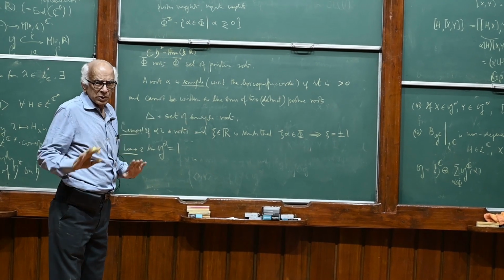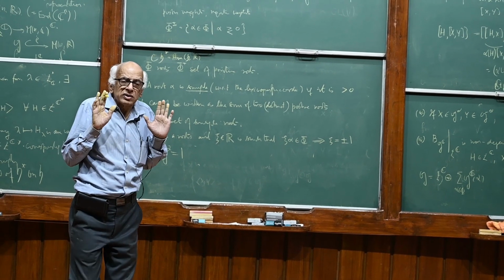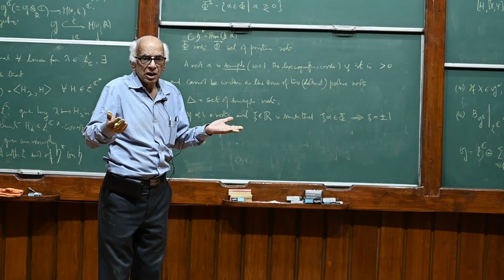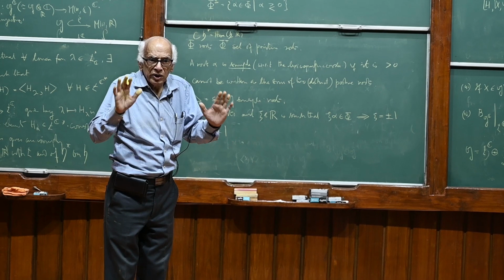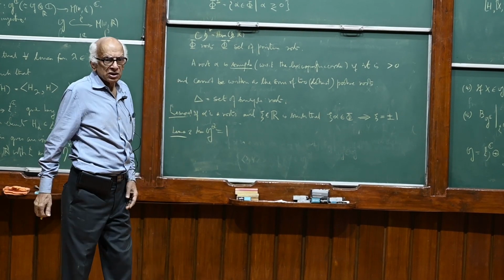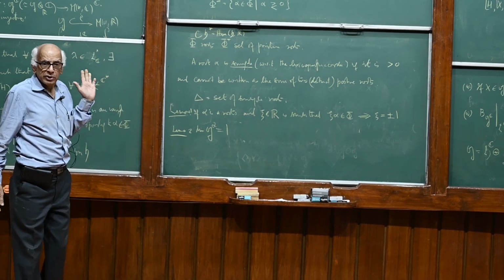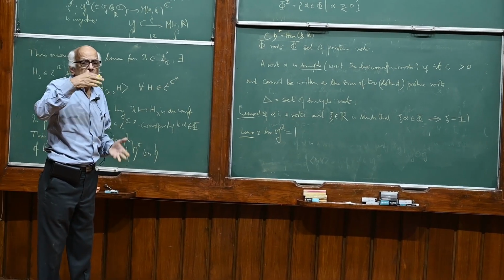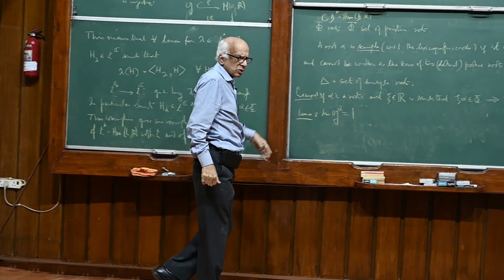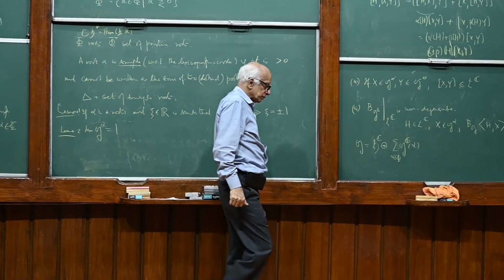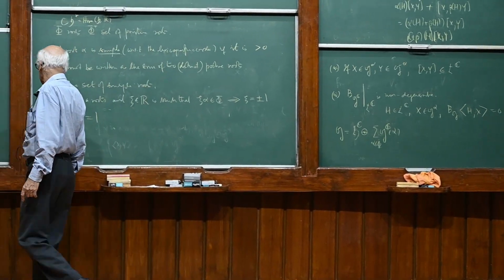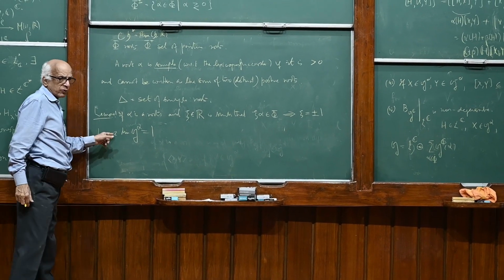Half cannot be. That can happen over a non-algebraically closed field, and we are talking about the field of complex numbers all the time. So 2 alpha can be a root only in the context of real algebras over other fields, not over complex numbers. These two lemmas I will postpone the proof to the next lecture.